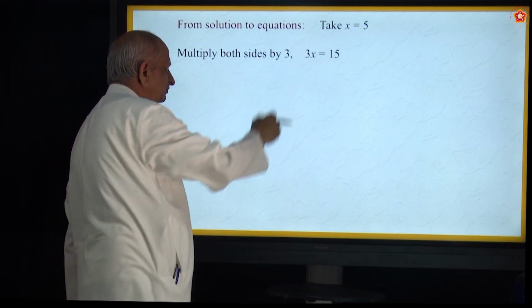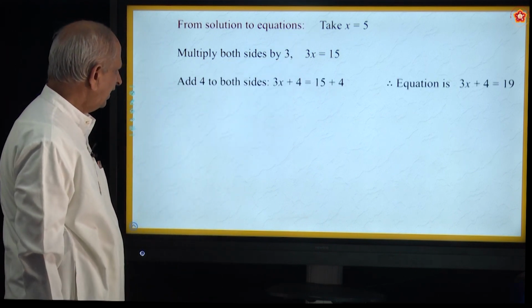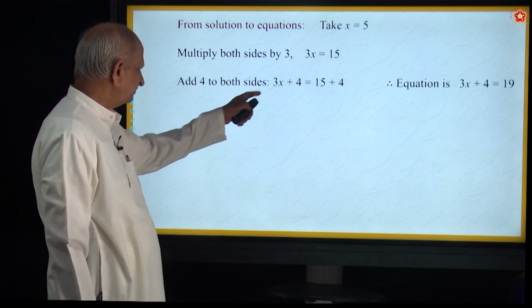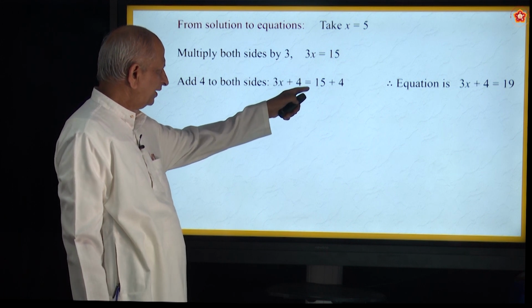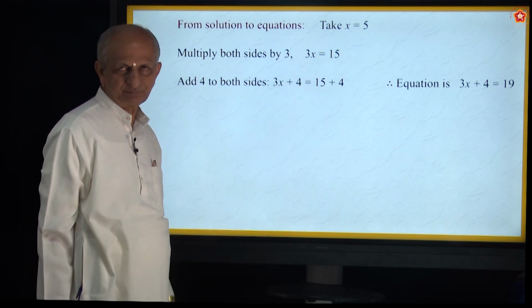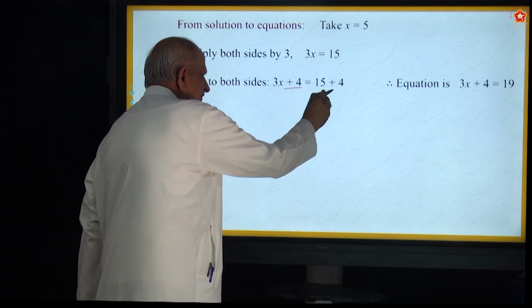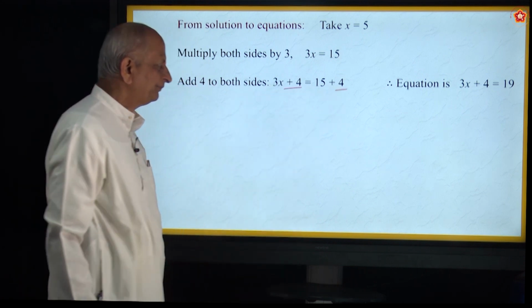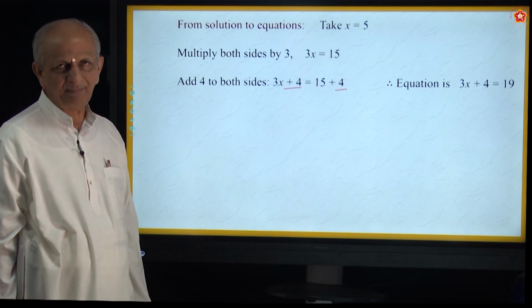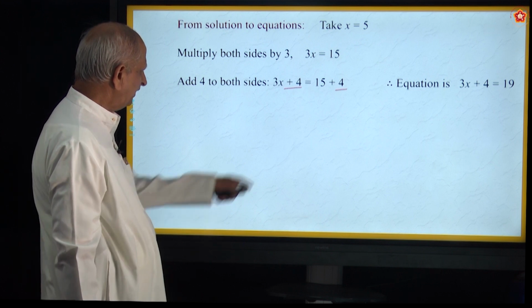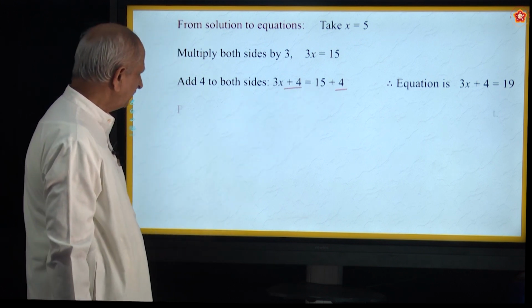And on the left side you have 3x. Add 4 to both sides. So 3x plus 4 equals 15 plus 4. Whatever number you add to the left side should be added to the right side also. So the equation becomes 3x plus 4 equals 19. 15 plus 4 becomes 19.